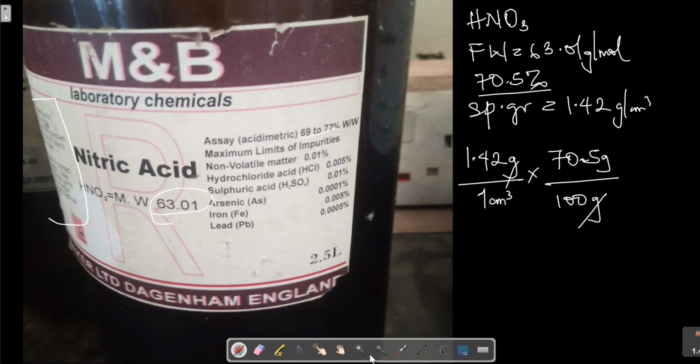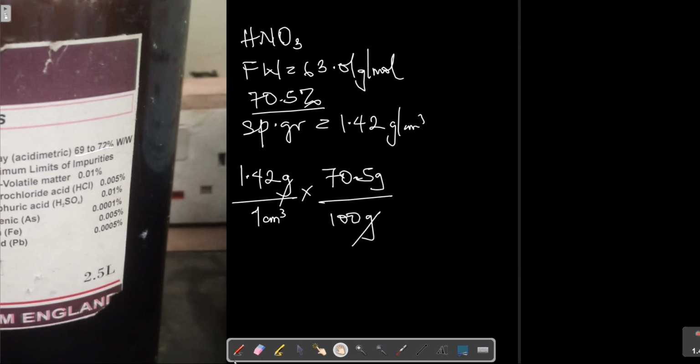All right. So when you multiply this, you have 100.11 grams over 100 cm cube. So 100 cm cube of the acid weighs 100.11 grams. Okay.